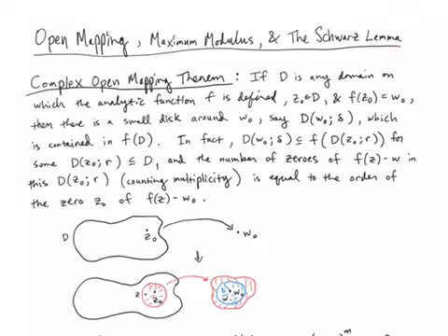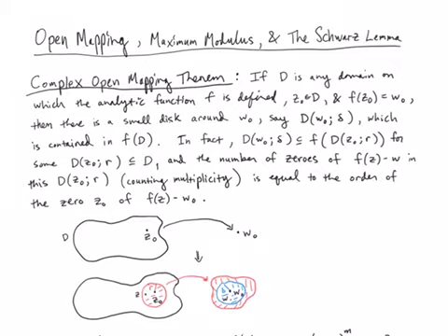So what we showed is that if you have an analytic function f on a domain D and a point in the image of the domain D by f, so you have z naught in D mapping to w naught in f of D, then for some small disk around w naught, and so for any w within a distance delta, say, of w naught, that point is in the image of f, right?